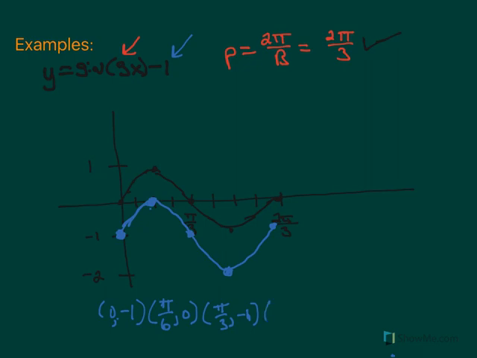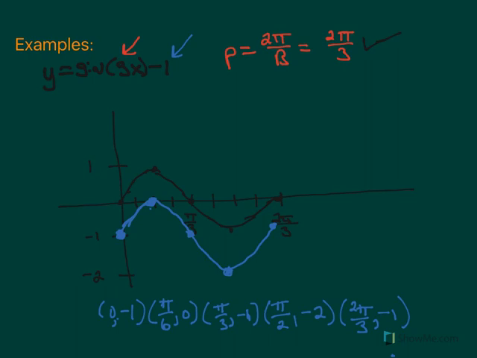That's going to be pi over 2 if we simplify the fraction. So 3 over 6, that's the same thing as 1 over 2. So pi over 2, comma -2 for the y value. And the last one is at the end of the cycle, so 2 pi over 3, comma -1 on the y value. So those are your 5 key points.